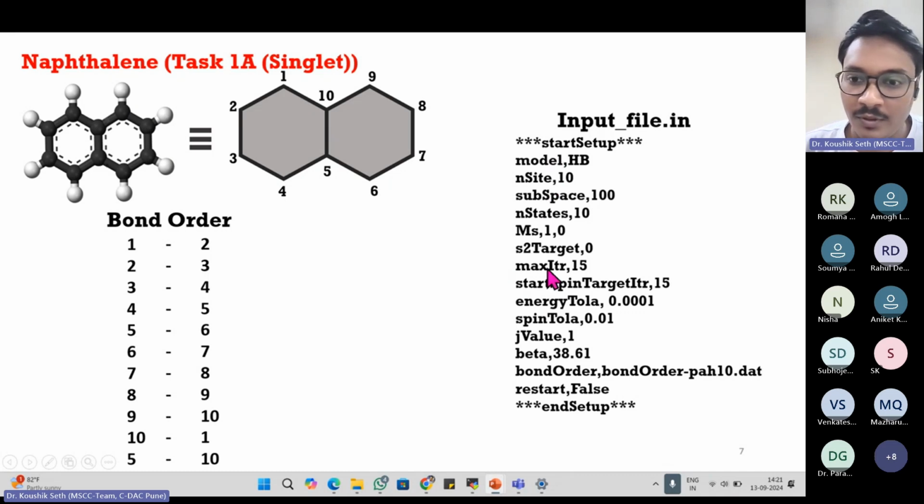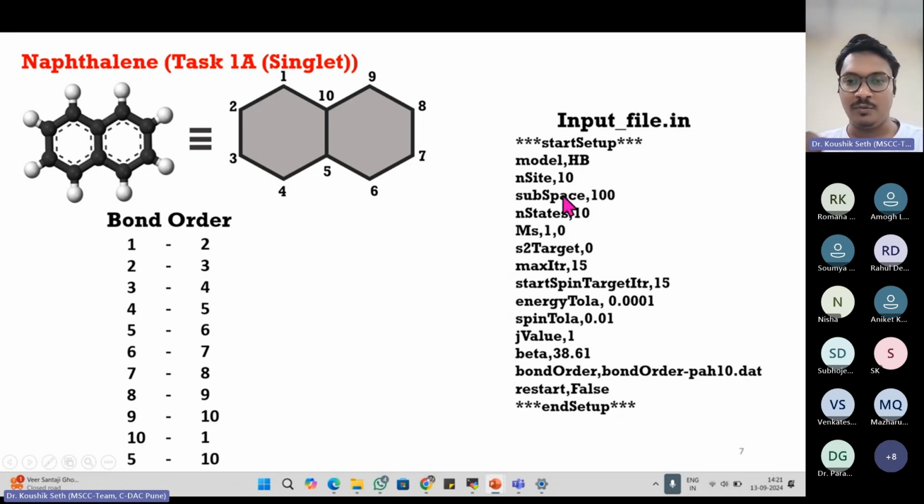If you see this section of the input file, there are two parts. One part is before the comma sign, one part is after the comma sign. Before the comma is called the flag, and after the comma it is called the variable. For this calculation, we use the Heisenberg model as our model system.